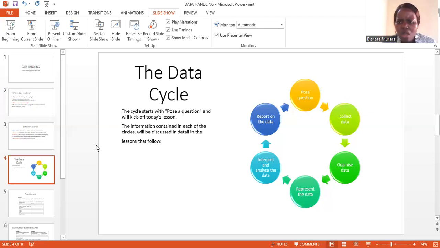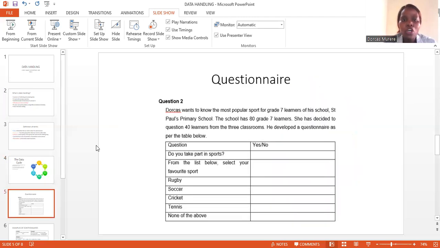So how do you pose the question? Here I have an example of a questionnaire. The question says, Dorcas wants to know the most popular sport for grade 7 learners at St. Paul's Primary School. The school has 80 grade 7 learners. She decided to question 40 learners, a sample from the 3 classrooms. She developed a questionnaire as per the table below.